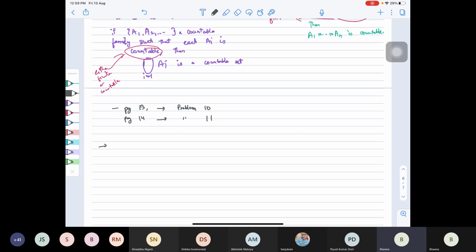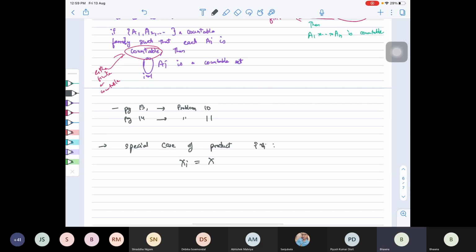So 5 minutes, a special case of Cartesian products. The special case is that the sets Xi are all the same.